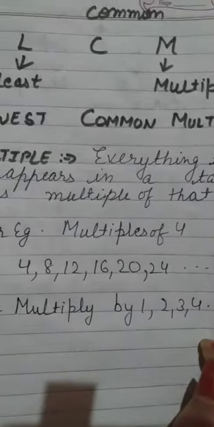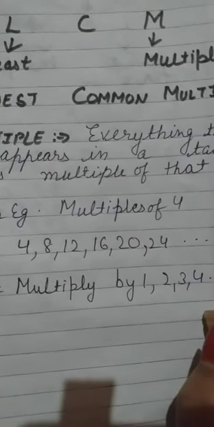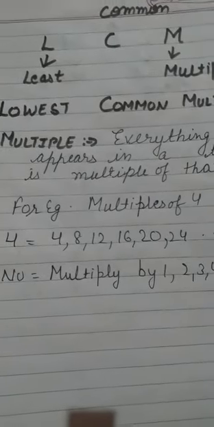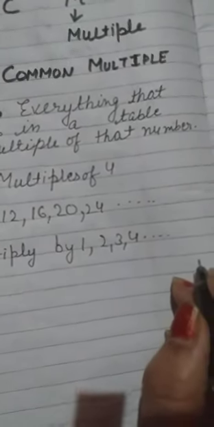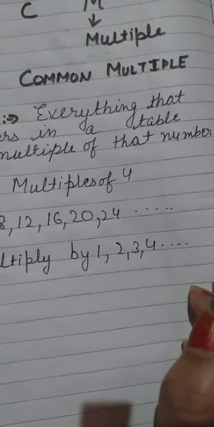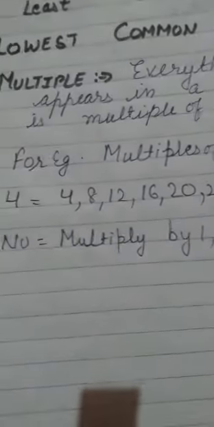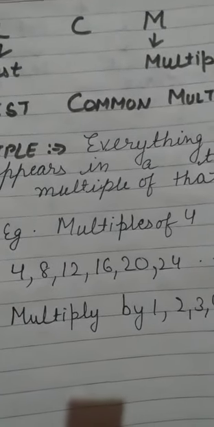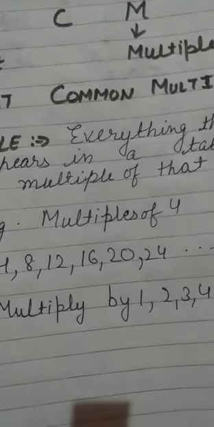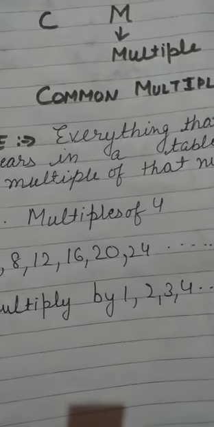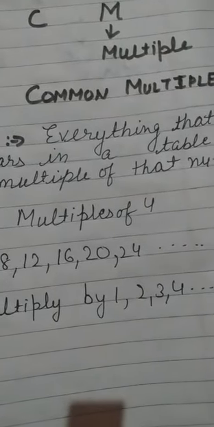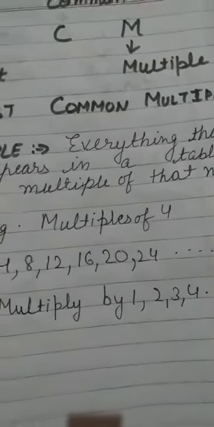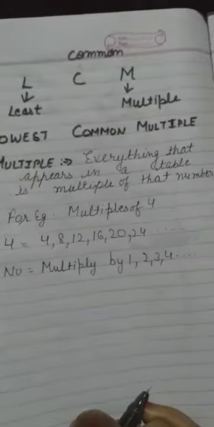As per our wish, however many multiples we want to find out, we multiply it with those numbers. Now hope all of you are clear what multiples are: they are what appears in the table of any number.